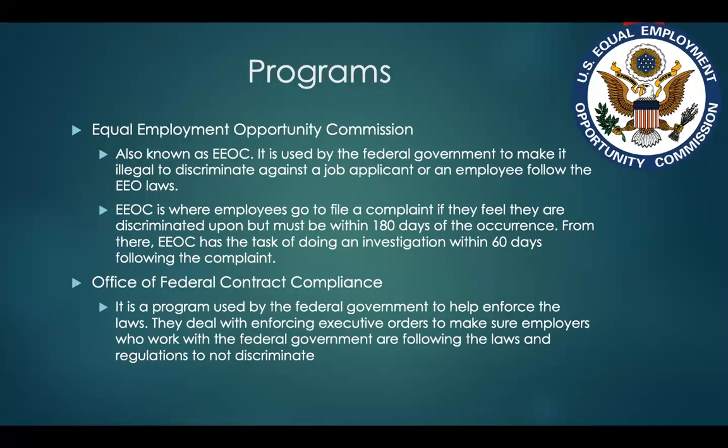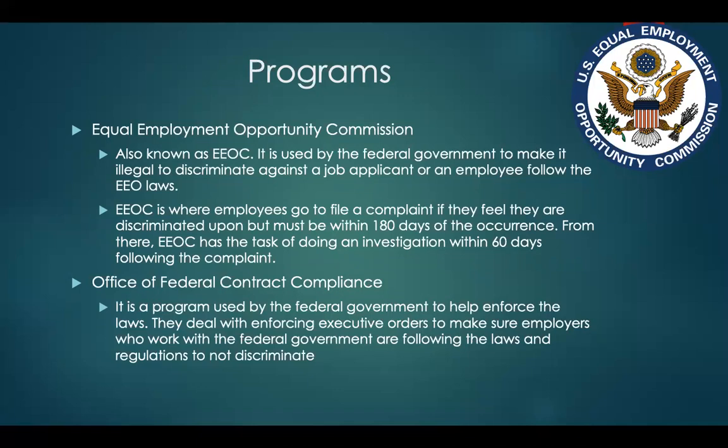There are programs to help enforce equal opportunity of employment. The first is the Equal Employment Opportunity Commission. This is an agency of the Department of Justice, and it is used by the federal government to make it illegal to discriminate against a job applicant or an employee following the EEO laws.